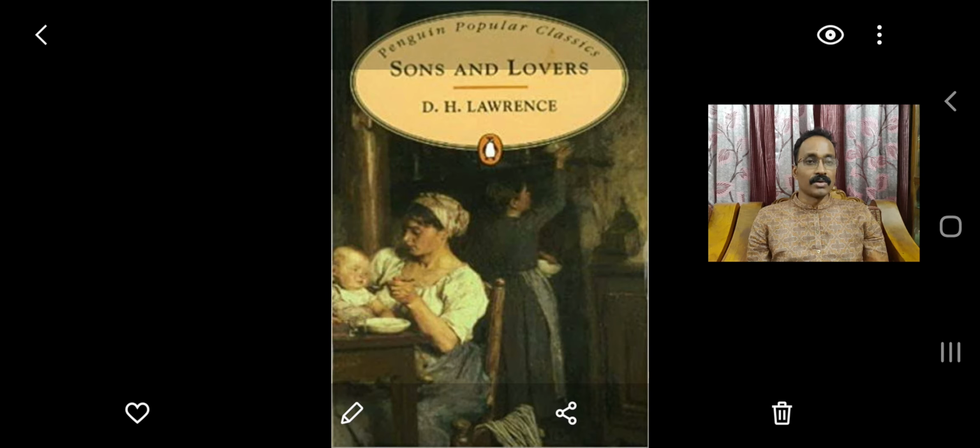You see that we may not find a happy relationship or very close relationship between father and son. In this novel, the father, Mr. Morel, was basically a coal miner and a rough-behaved character, and he was basically an isolated fellow in that family, because he was only the breadwinner of the family, and he took little care of his babies and children, and that's why a good relationship never grew between the father and his children.